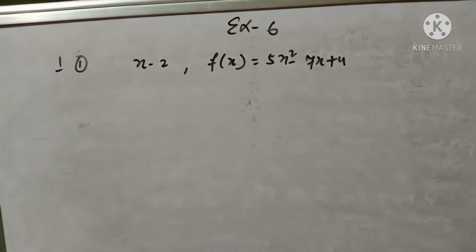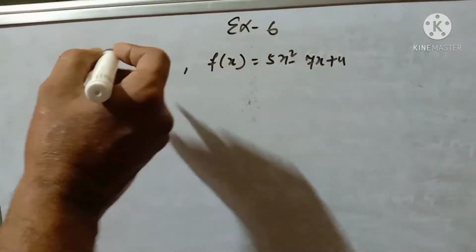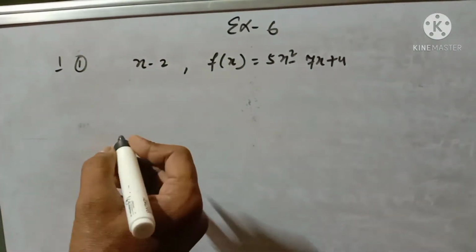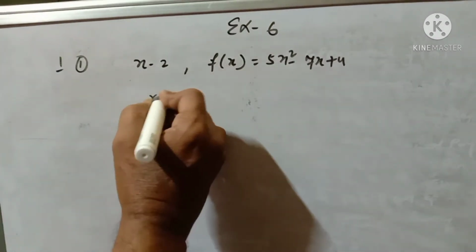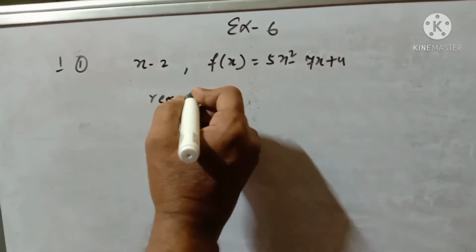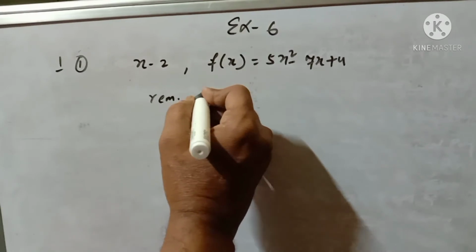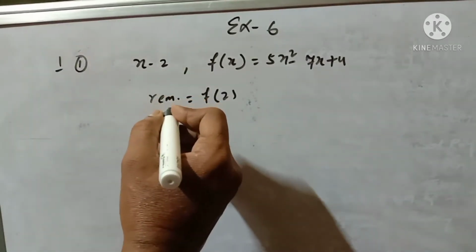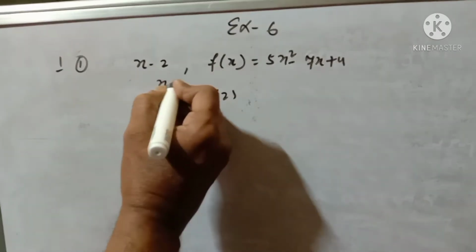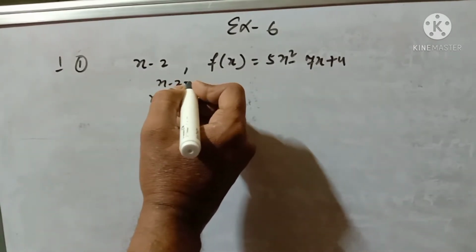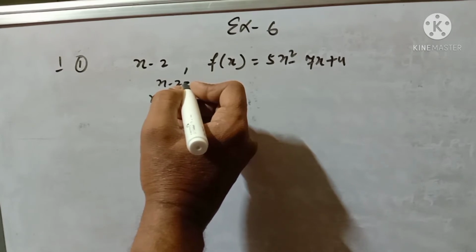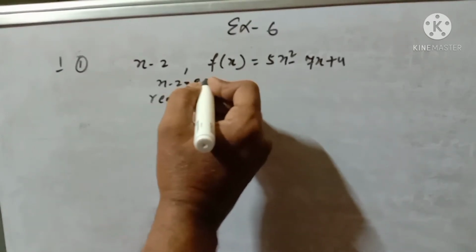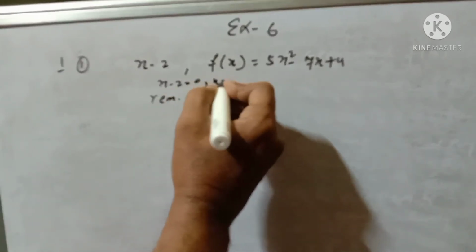Therefore, by the corollary of the remainder theorem, the remainder is equal to f(2). x minus 2 equal to 0 means x equal to 2.